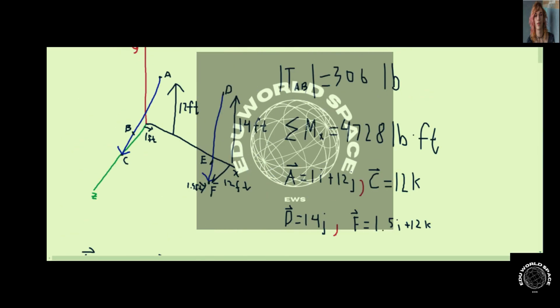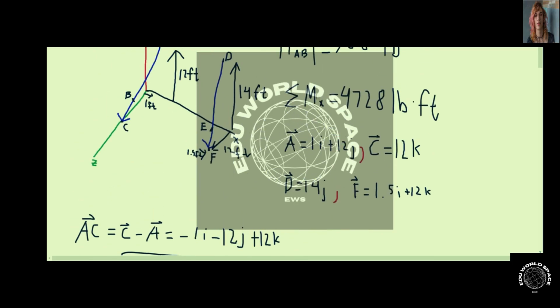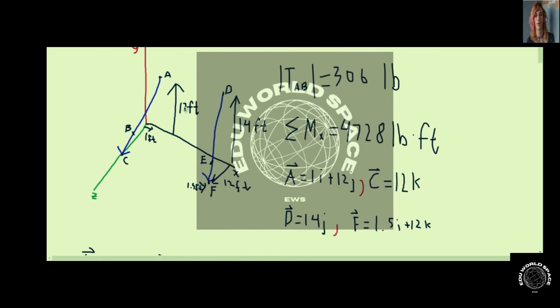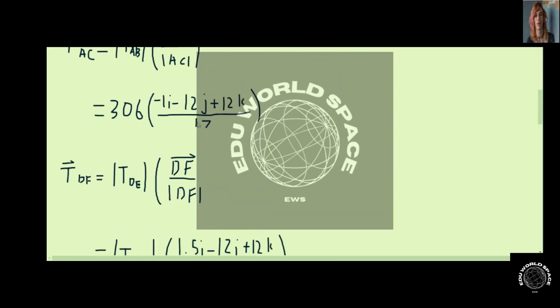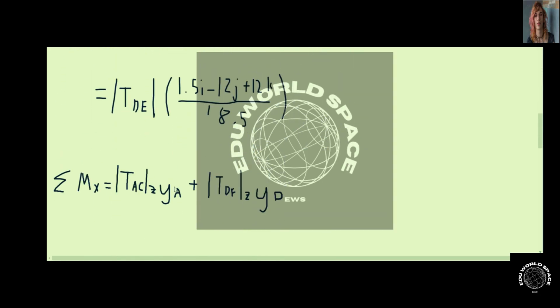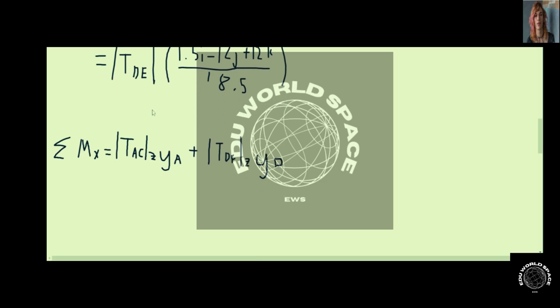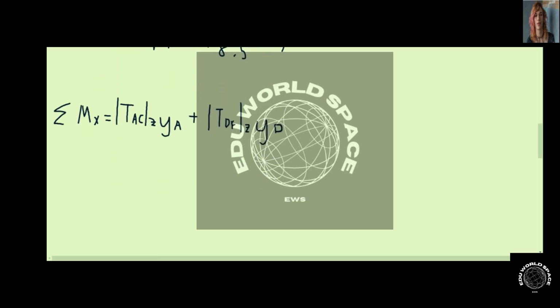And we plug in what we know. So this sum is given by the problem. And we can get the Y components from the figure. And we can also get the Z components from what we just calculated. So I'll start off with the sum. So this sum of moment of the X component, write that as 4728, is equal to this Z component.